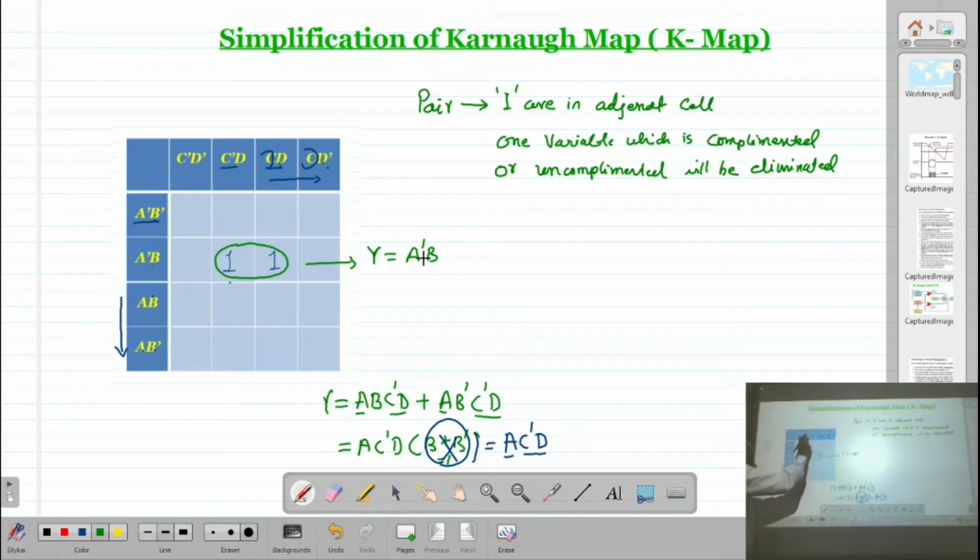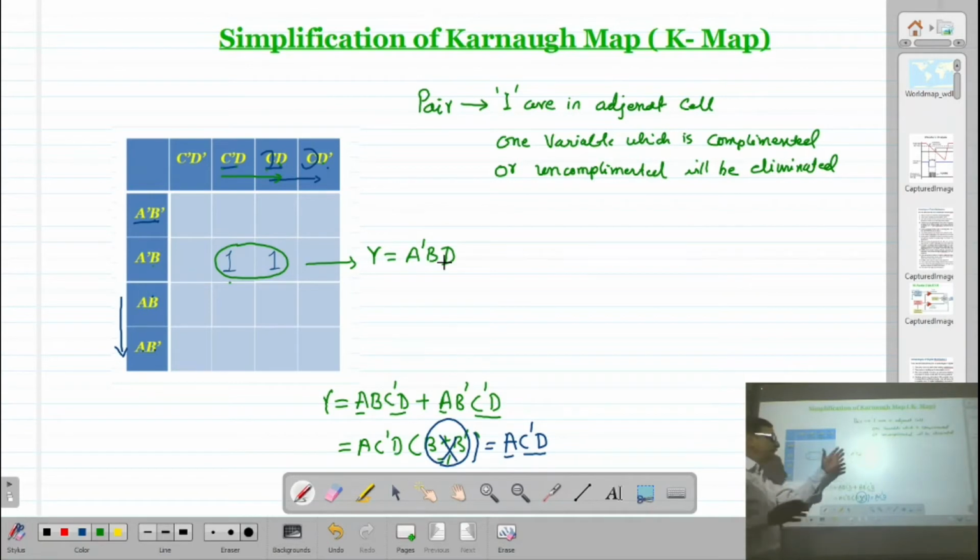But here if you see, when you are moving in this direction, then the C variable is going to be uncomplemented. Here this is a C prime and C is there. So it is going to be eliminated. But the D is going to remain unchanged, and that's why in my expression I will write D. So whatever the variables are not changing, that you have to write in your expression.